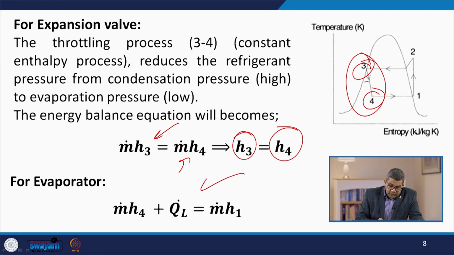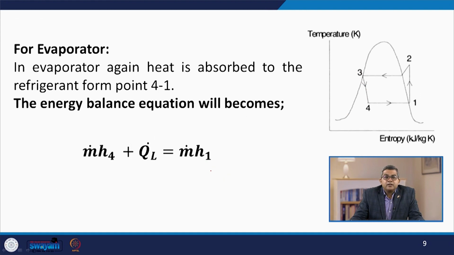If we write the energy balance equation for the evaporator side, it becomes mH4 plus QL is equal to mH1. In the evaporator, heat is absorbed by the refrigerant from point 4 to point 1.